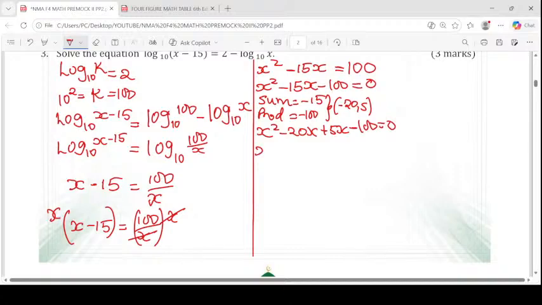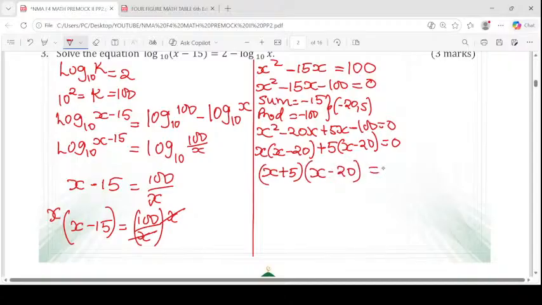So this will be x into x minus 20, then plus 5 into x minus 20 is equal to 0. Those outside the bracket, we wrap them in one bracket. So this is now x plus 5, then x minus 20 should be equivalent to 0.